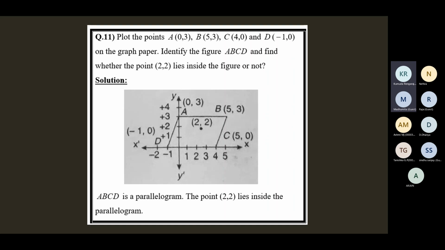We need to identify the figure and find whether the point (2, 2) lies inside the figure or not. So when you mark (2, 2), you can see it lies inside the figure.